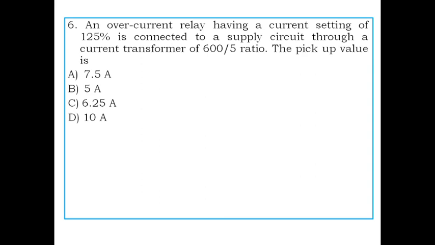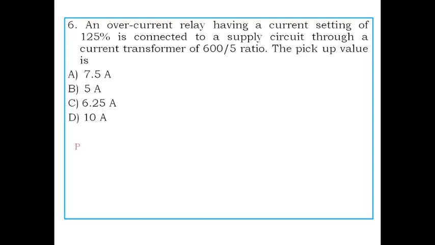Okay, now let us come to this question. An overcurrent relay having a current setting of 125% is connected to a supply circuit through a current transformer of 600/5 ratio. The pickup value is dash. Very simple thing here: the current setting is 125%, and it is an overcurrent relay. An overcurrent relay is nothing but a relay that should get activated only if the current is equal to or more than 125% of the rated current.